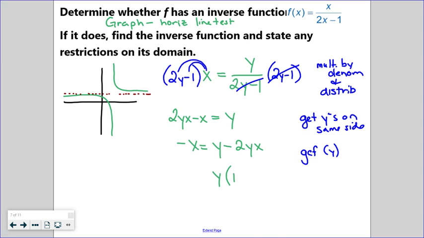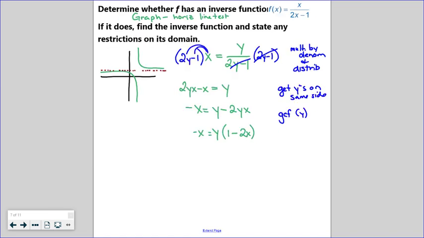Don't forget that there's still something there. Minus the second term, if I factor a y out of that, is just 2x. Our final step is just to divide by what was left over when we factored out our GCF. Divide to get y alone. And so I would divide by the 1 minus 2x.